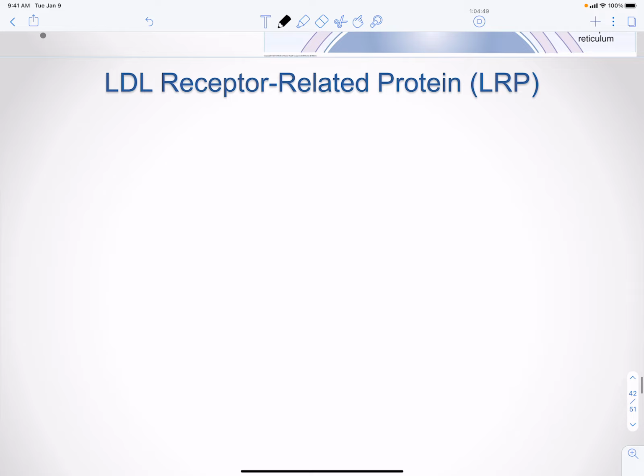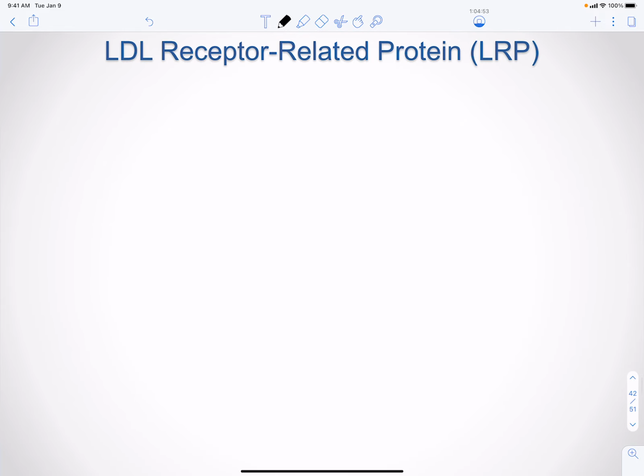There's also an LDL receptor-related protein, and these are going to be related but are going to bind to a broad spectrum of ligands. So they're not as specific as the B100.